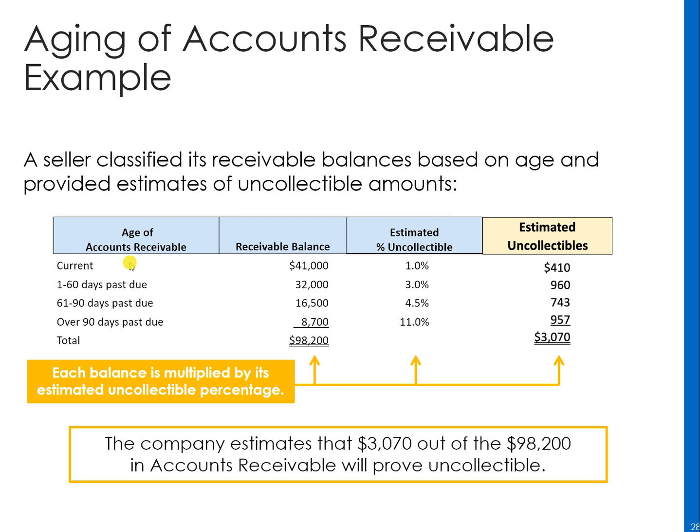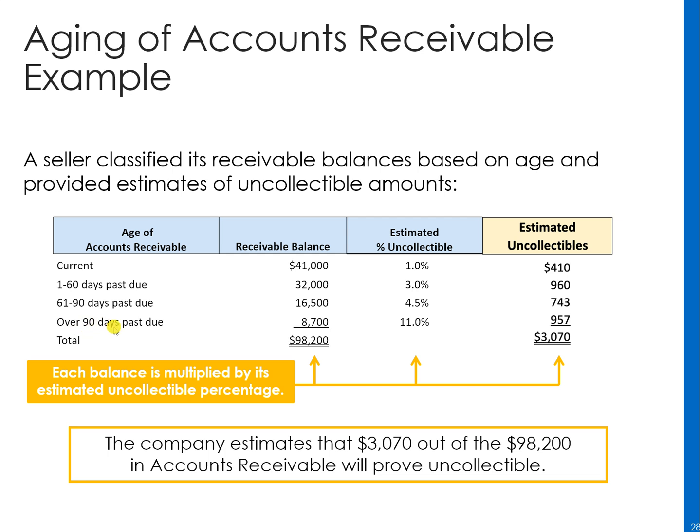For example, for current accounts receivable, the estimated uncollectible amount is lower, only 1%, and based on that we build a reserve, the allowance we need for that part. For any 1 to 60 days past due, 3% will be applied for the uncollectible amount.